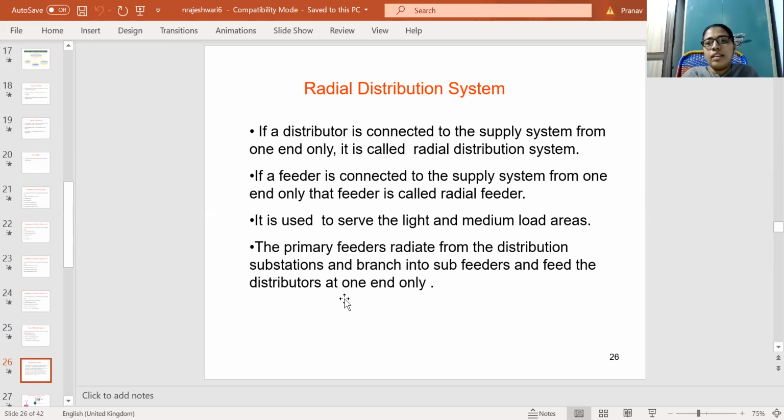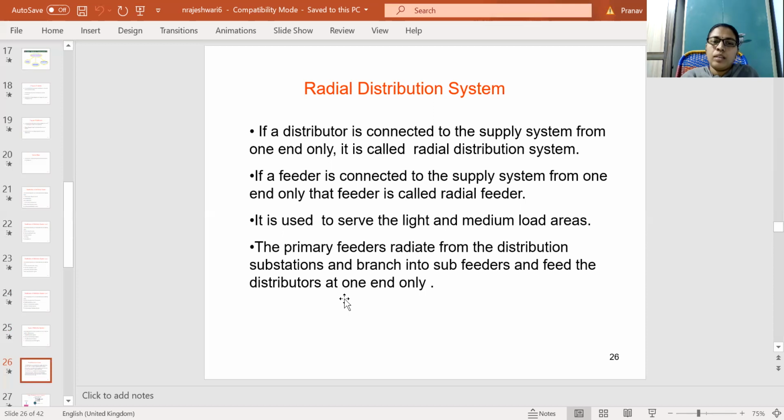If a feeder is connected to the supply system from one end only, the feeder is called a radial feeder. If the distributor is connected to the supply system from only one end, it is called a radial distributor, and it is used to serve light and medium load areas.